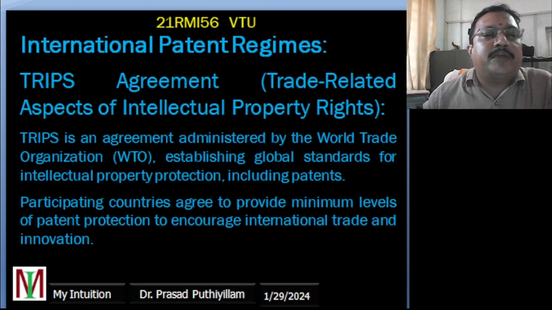They have to give equal importance to all the countries that come under the TRIPS agreement under the World Trade Organization, so that international trade is possible and the people who are working in invention, manufacturing and trading can do it easily. So that is about Trade Related Aspects of Intellectual Property Rights.